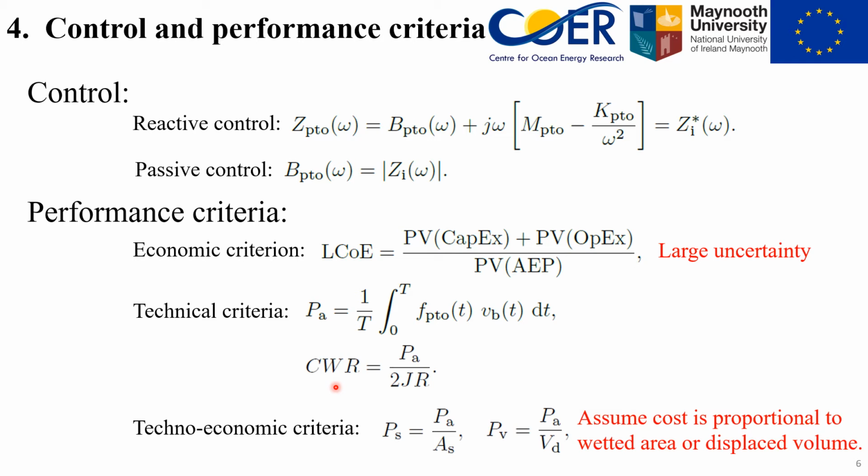There are some criteria between the economic and the technical criteria, assuming the cost is proportional to some characteristic of the device, such as wetted area or displaced volume. Here are some techno-economic criteria, for example, the power per wetted surface and the power per volume.